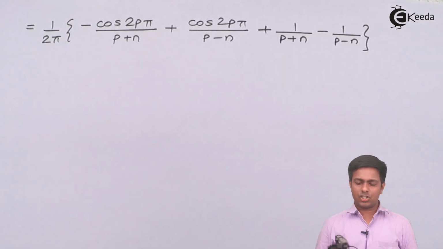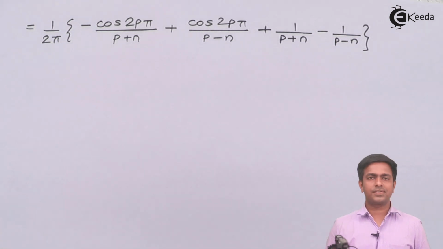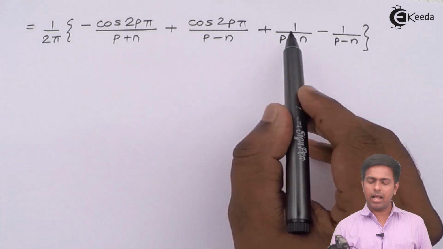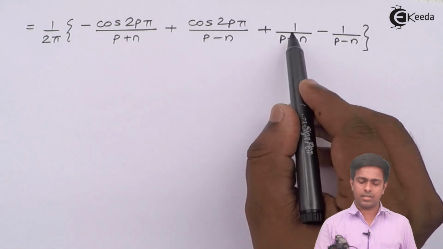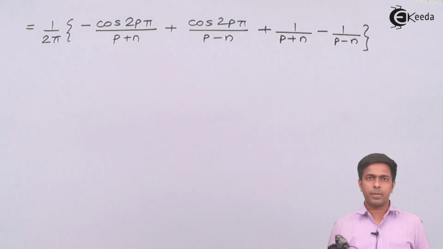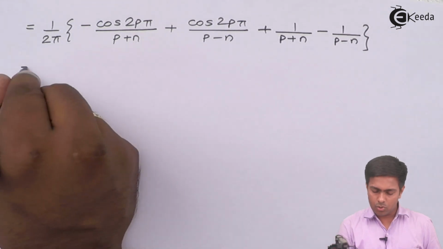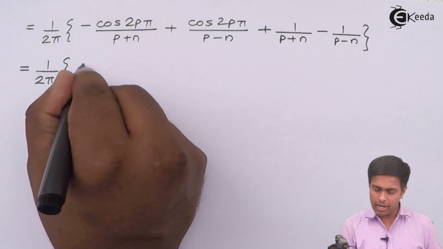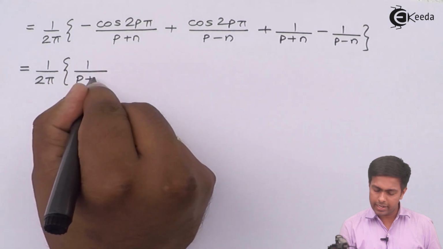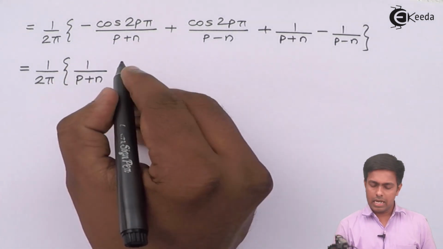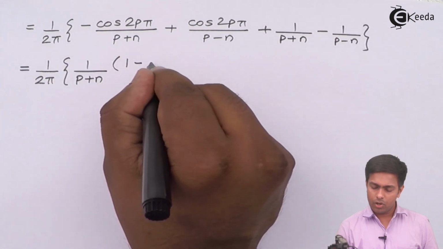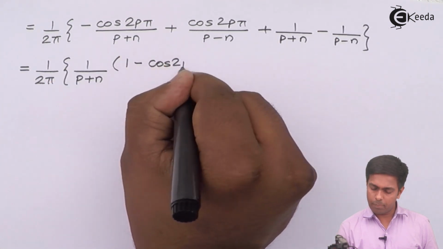Now guys, let's solve these terms here. So I'll take first term and third term together because it has a term 1 upon p plus n common. So this will become 1 upon 2 pi. Inside the bracket 1 upon p plus n common from these two terms, and in the bracket we will get 1 from here, and from here negative cos of 2p pi.